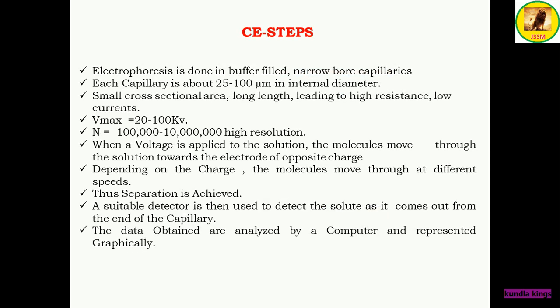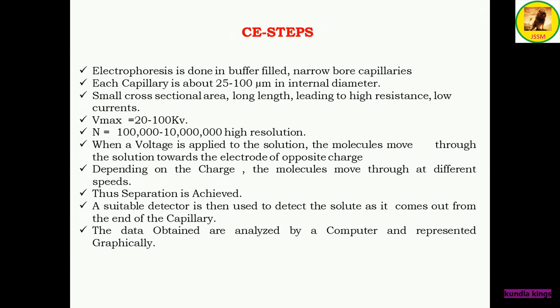Capillary electrophoresis steps. Electrophoresis is done in buffer-filled narrow bore capillaries. Each capillary is about 25 to 100 micrometers in internal diameter, with small cross-sectional area and long length leading to high resistance and low currents. Depending on the charge, the molecules move through at different speeds. How is separation achieved?